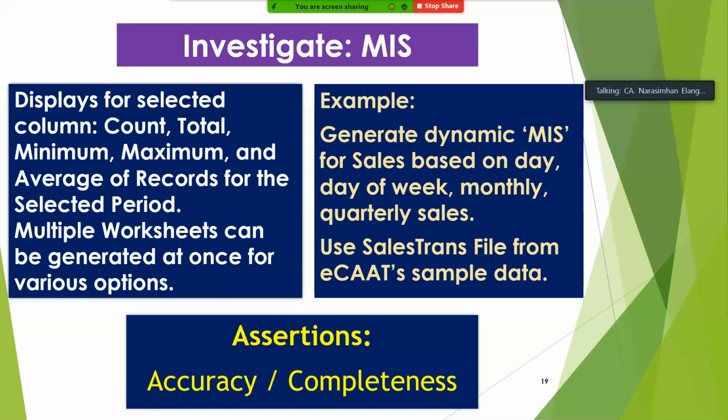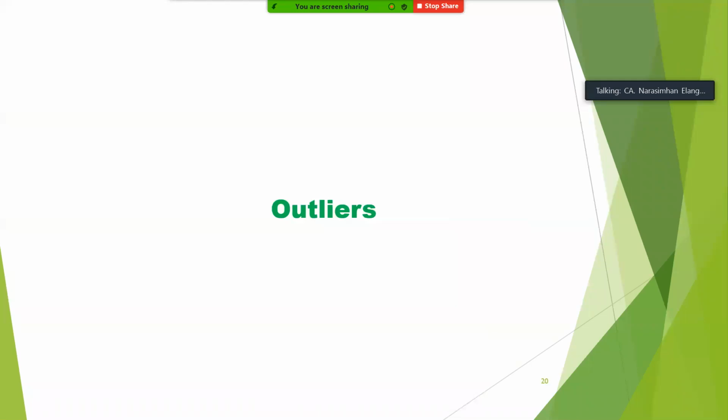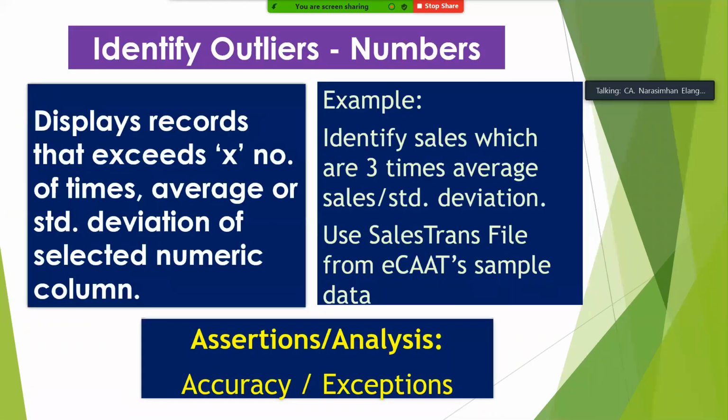So let's quickly move to the next function, and this is called outliers. Now, what are outliers? Outliers is a very powerful function where you can get to know those fellows who are outside the normal population. If you remember, long back in statistics, we had read a concept called the bell curve. The majority of the population comes within the bell curve. A smaller number are outside. Those are called outliers, correct?